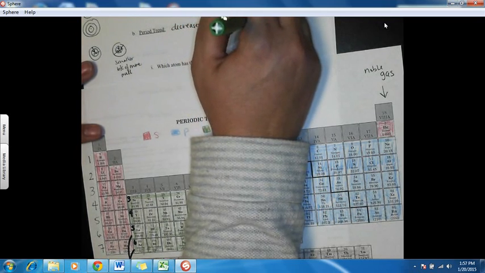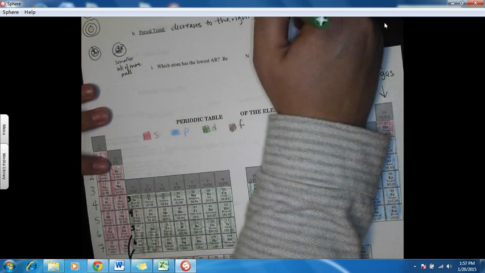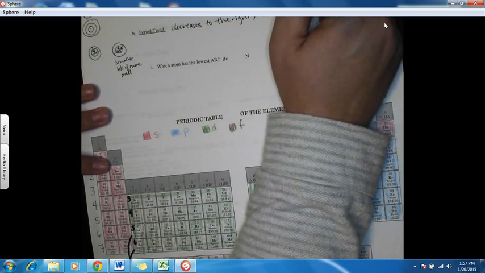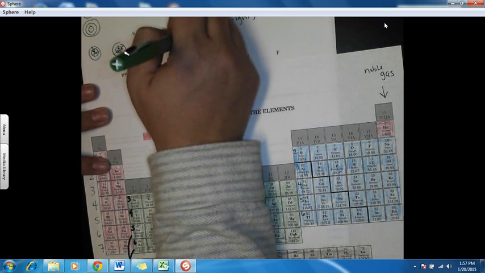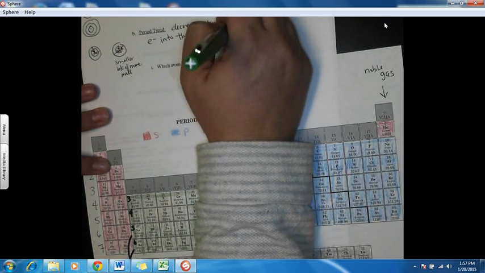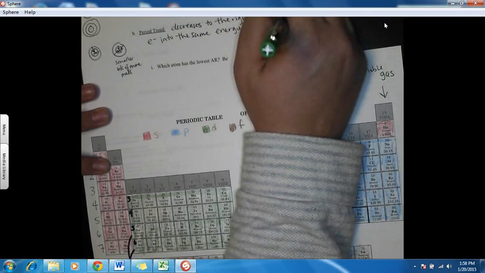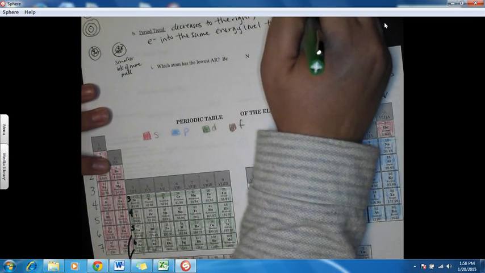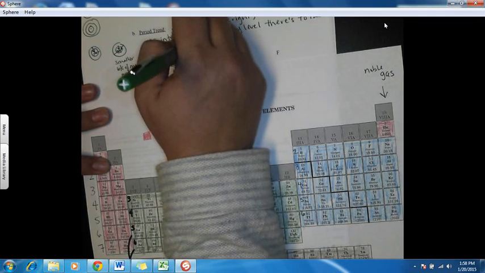And again, that's because as you add electrons into the same energy level, there's a greater pull to the nucleus, making the atom smaller.